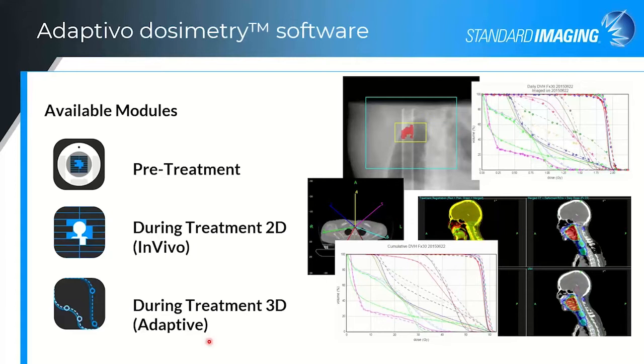I will describe the tools within the software, and then I have a few cases to share later showing both the 2D, in vivo, and 3D adaptive modules. And then I will show the software for a bit so that you can see how we can use the 2D and 3D modules to assist clinical users in monitoring from the first to last fraction. So let's get started.